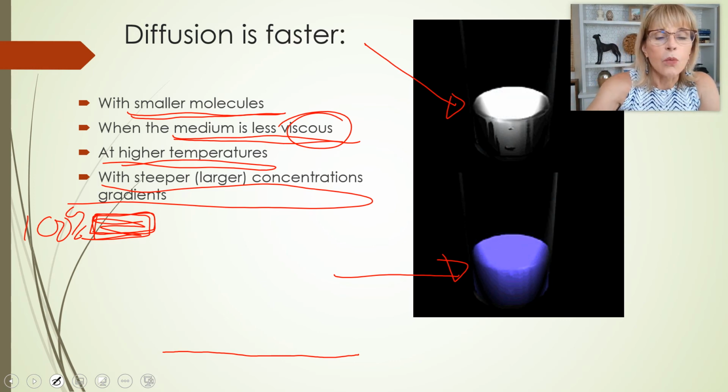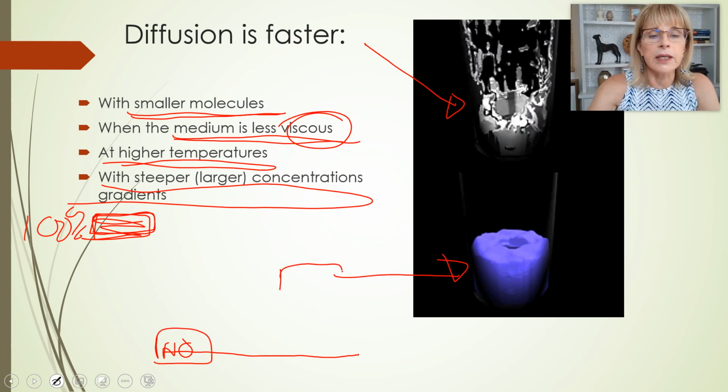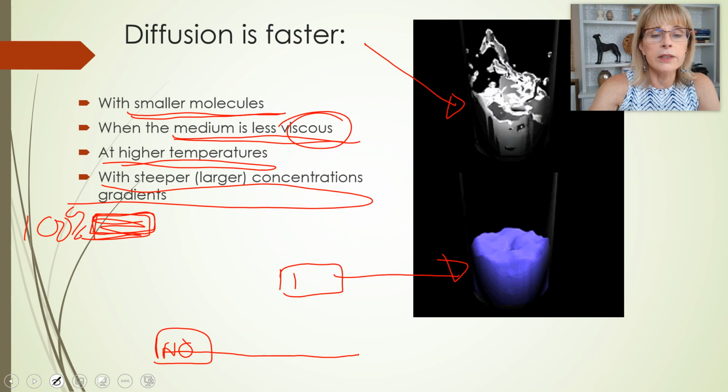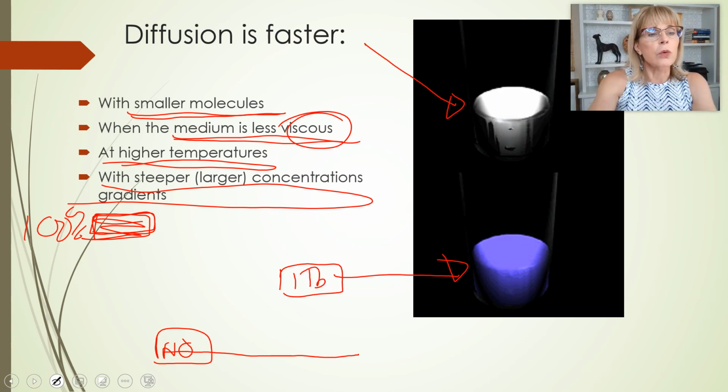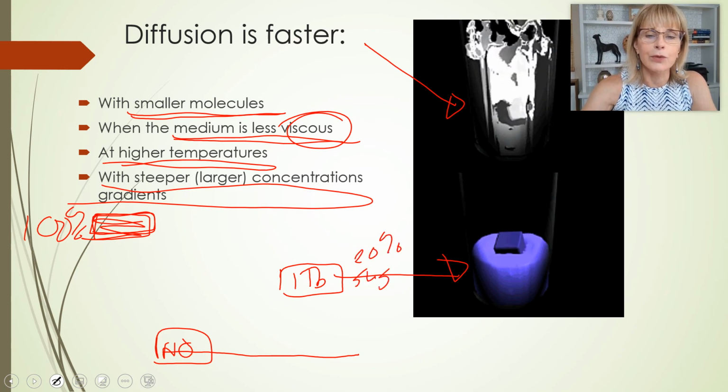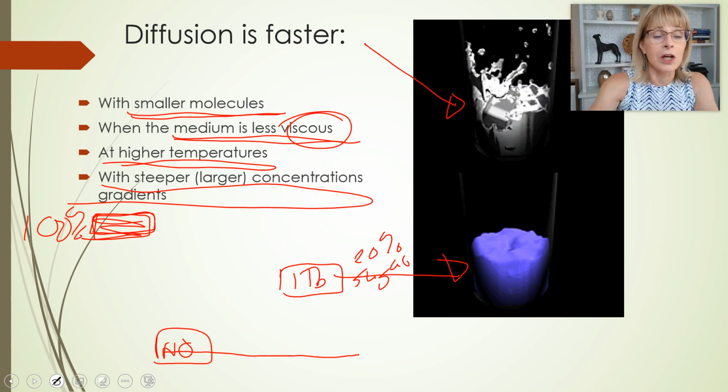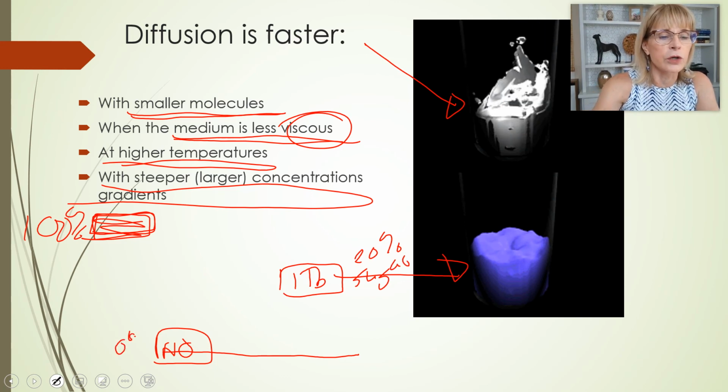All righty? One cup of tea has got no sugar at all in it. And one cup of tea already has 1 tablespoon of sugar in it. So one cup of tea is, we'll just say it's 20% sugar. That would be a lot of sugar in your tea. And this one is 0%.